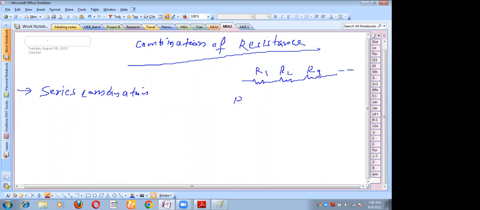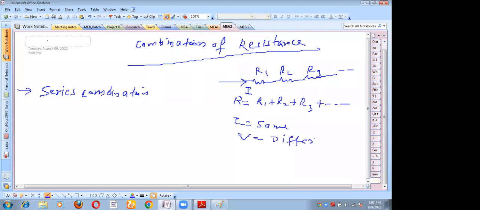So if N resistances are in series, then equivalent resistance is R1 plus R2 plus R3. Here what happens? Current remains same. Current through each resistance will be equal. So I is same, potential is different. Potential across each resistance will be different, but current will be same.